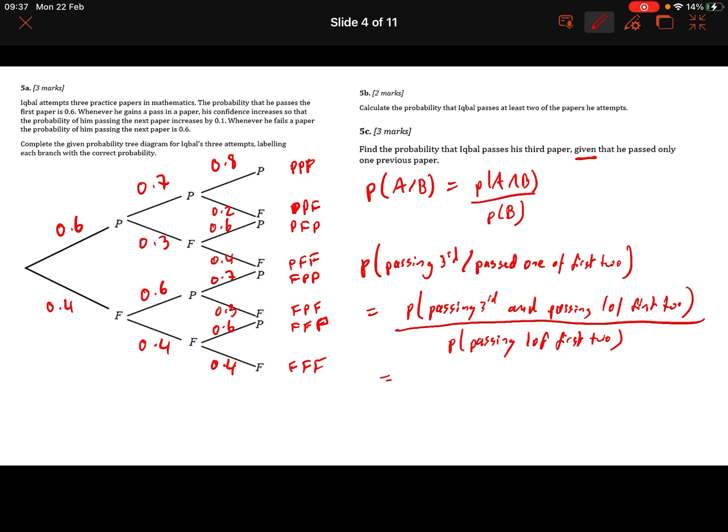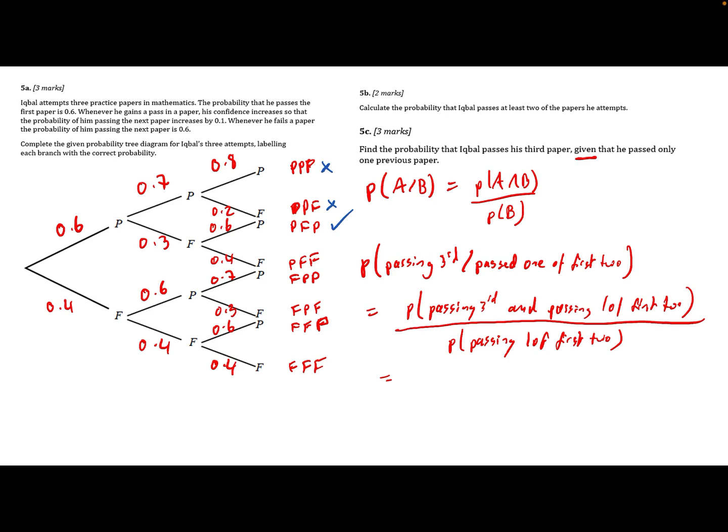So we've got to pass the third one and pass only one of the first two. So that actually rules out this one, because although on this one we passed the third one, we passed two of the first two, so that doesn't make sense. This one's ruled out because we didn't pass the first one. This one is good, because then we passed the third one and we passed one of the first two.